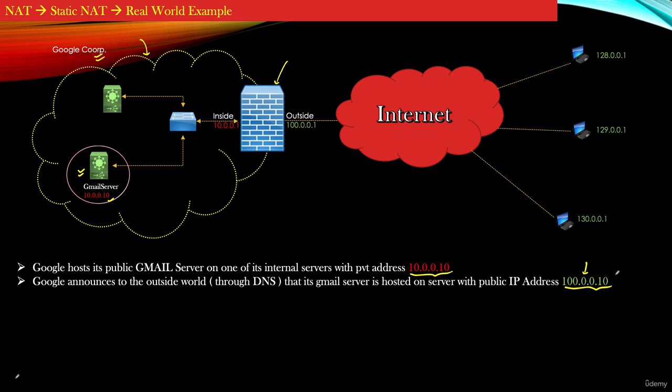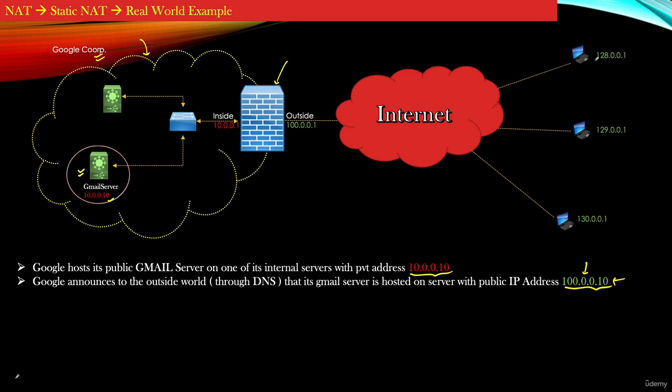Now in order to provide access to the Gmail server to the rest of the world, Google has purchased an additional public IP address. And Google has announced to the rest of the world that, hello, if you want to access Gmail, that is gmail.com, then please access this IP address 100.0.0.10.